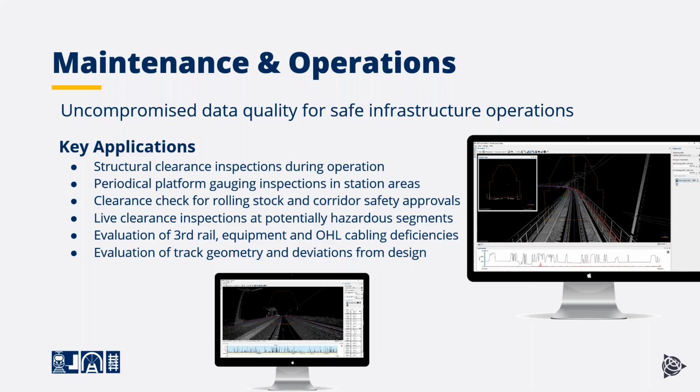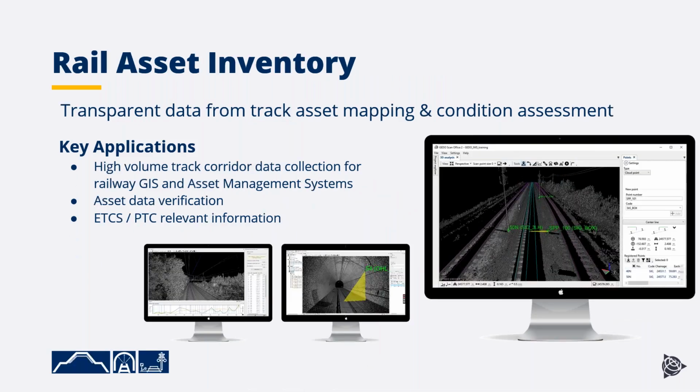So from maintenance and operation, we go further to the rail asset inventory, and here the GEDO scan system is used on, let's put it this way, a smaller scale project.